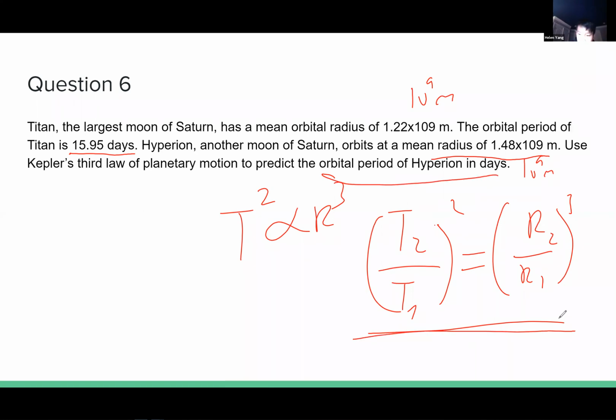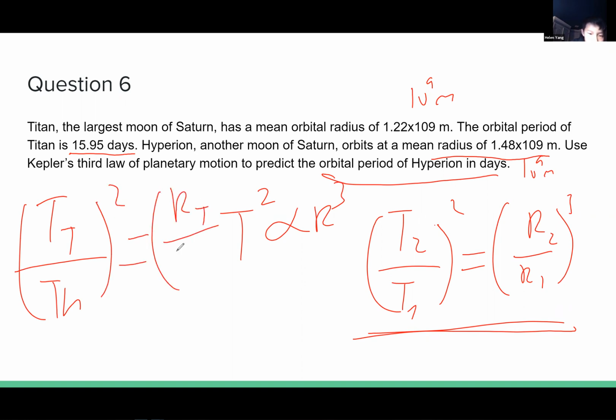So if you use this ratio right here, you can write T Titan over T Hyperion, squared, is equal to the radius of Titan over the mean radius of Hyperion.